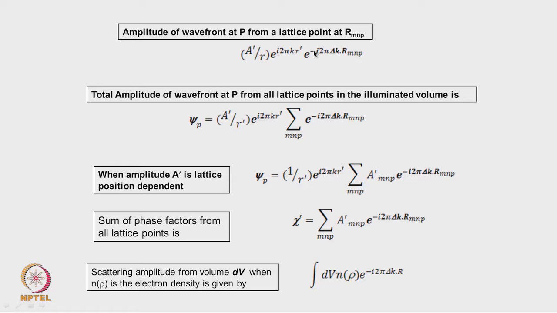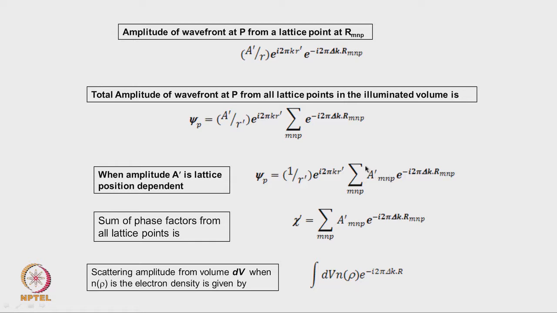This is with respect to the origin, for one atom we have considered. In the sample, in one direction there are m atomic points, lattice points, in another n and in another p, so we have to sum over all these factors, correct. That is what is written.